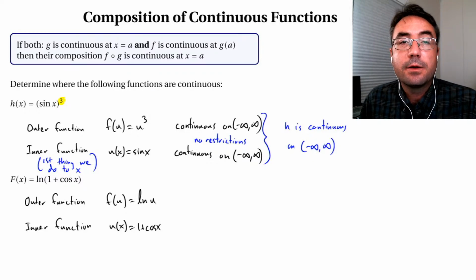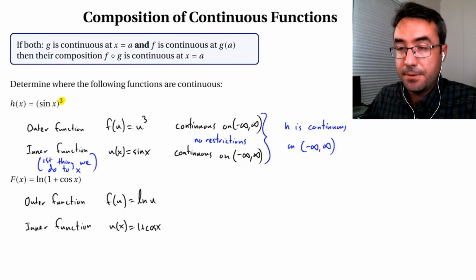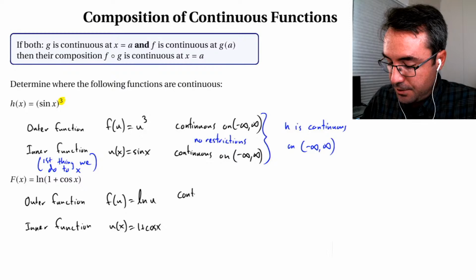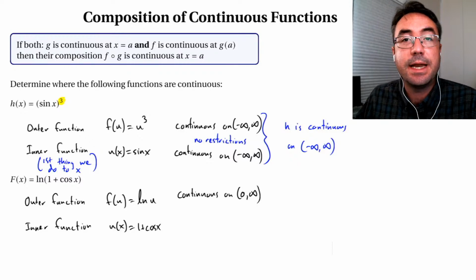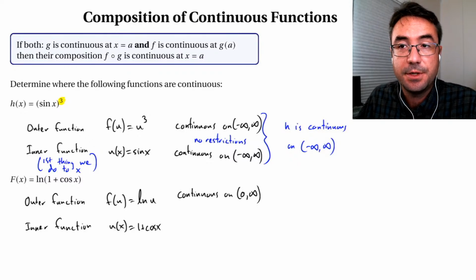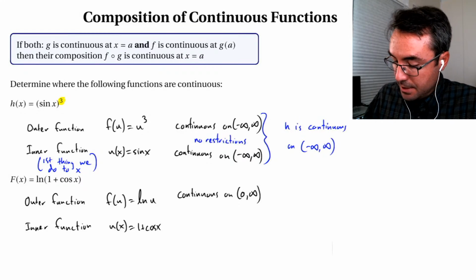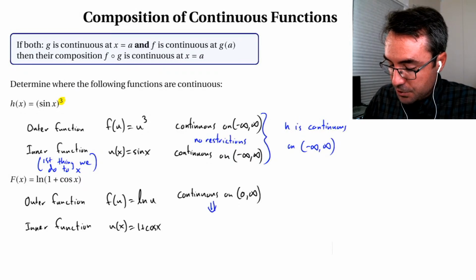Now, natural log, we know there's some restriction there. So that one is continuous on the open interval from 0 to infinity. So we can't plug negative numbers or 0 into natural log. So this puts some restriction on what the inner function can do.